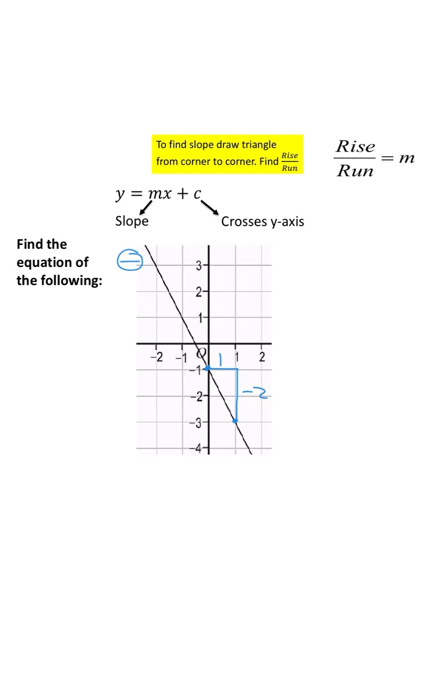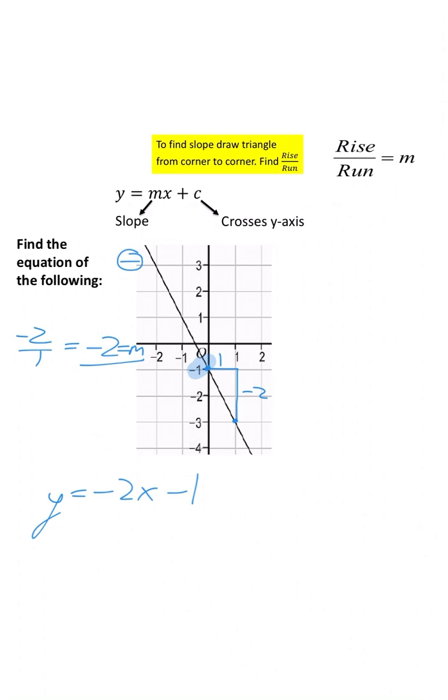So rise over the run, you'd have -2 over 1, which would be equal to -2. So -2 is our slope. And then the line crosses the y-axis at -1. So our answer is going to be y equal to -2x minus 1. And there's the equation of the line.